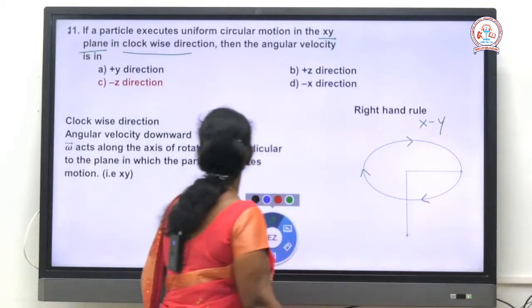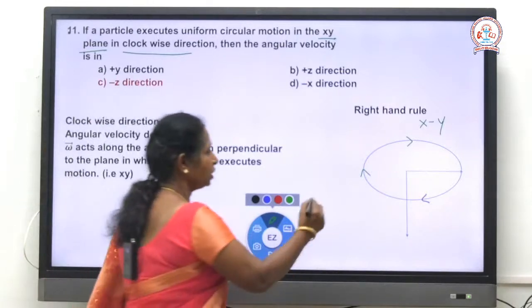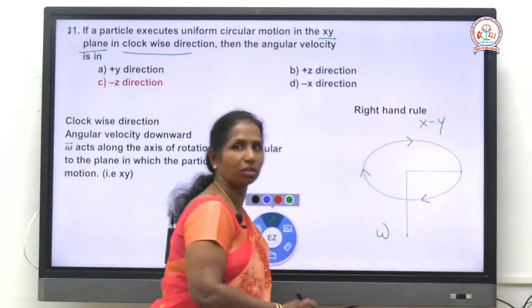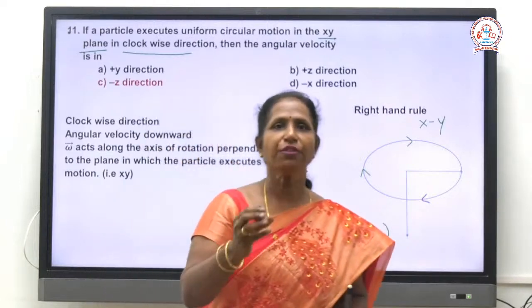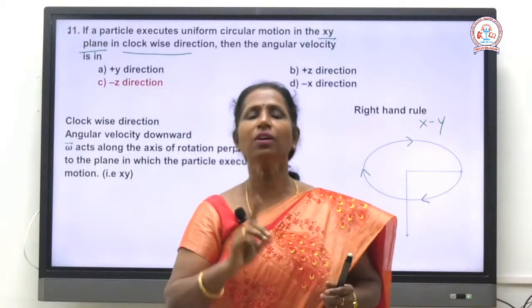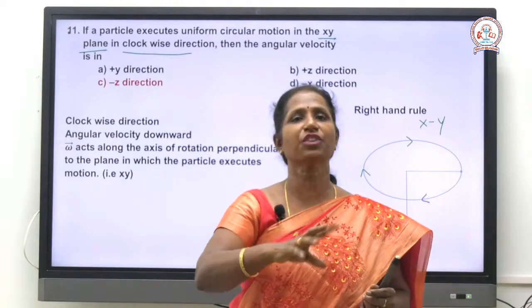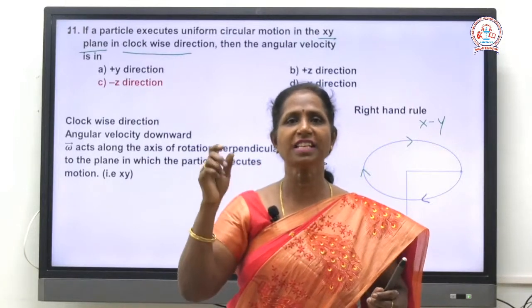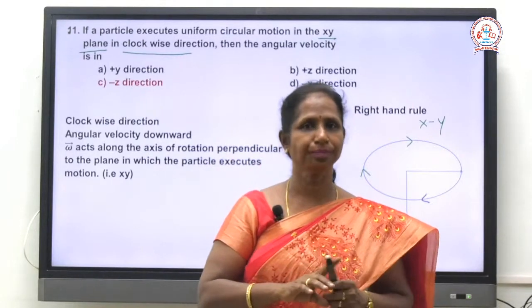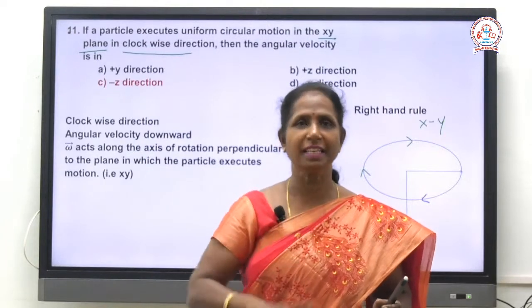Now, what is the question? Then the angular velocity is in... what is the direction of angular velocity? If the particle is moving in the xy plane, then the angular velocity will be perpendicular to xy. The direction which is perpendicular to the xy plane is z.